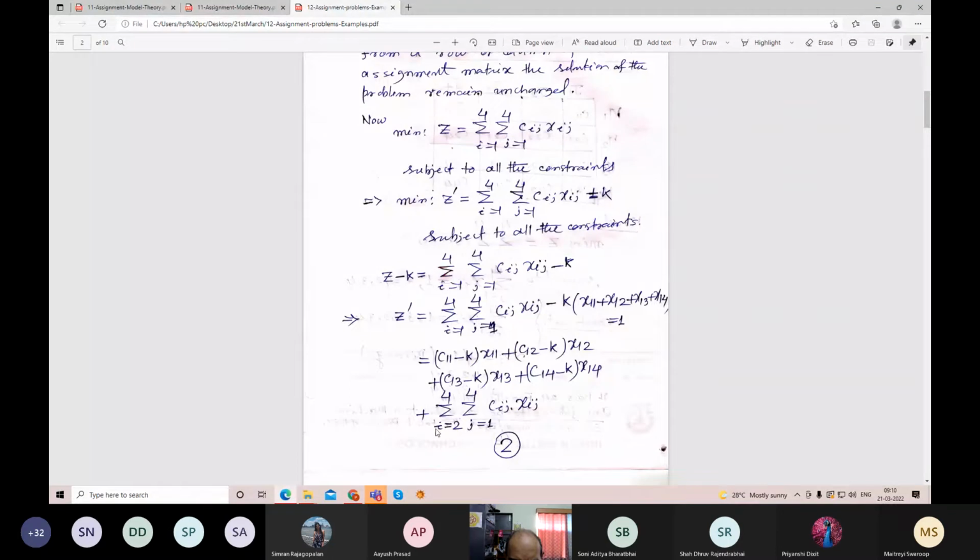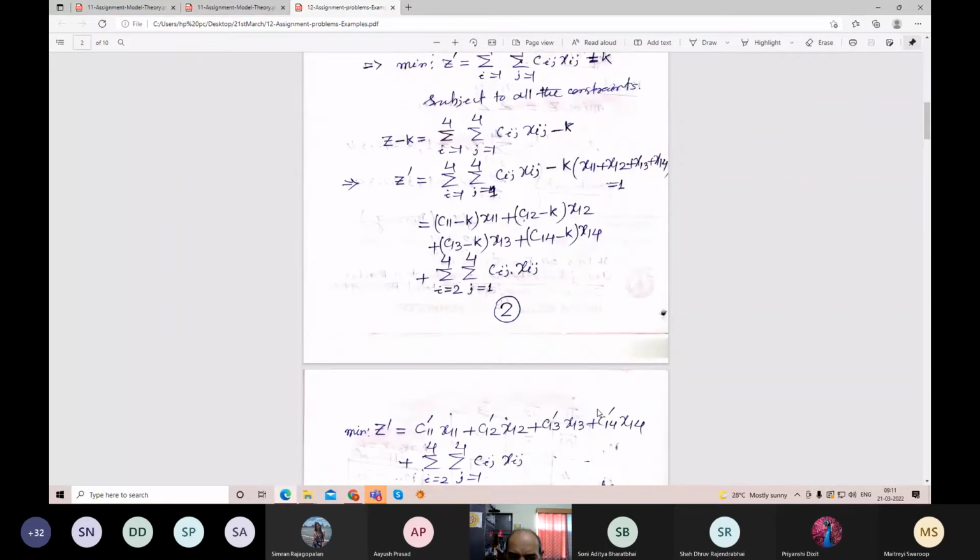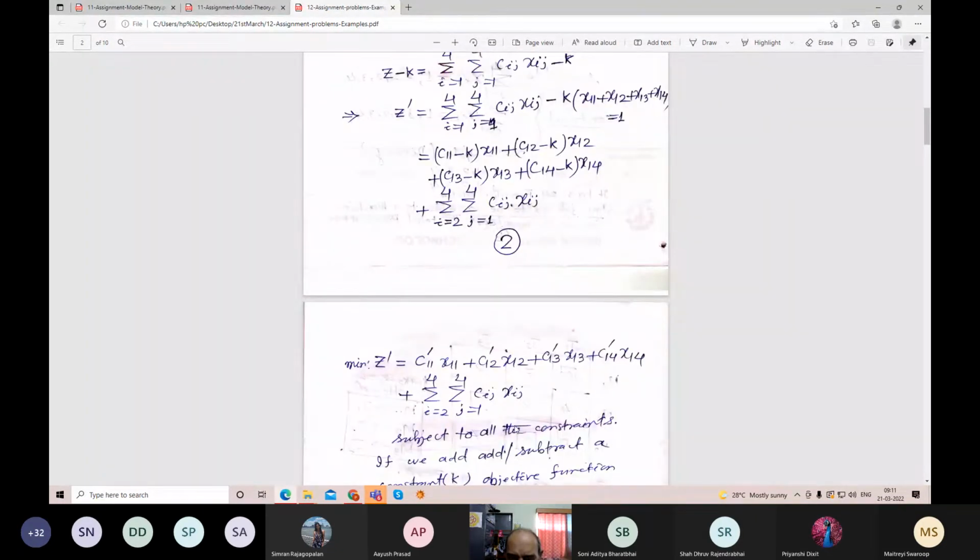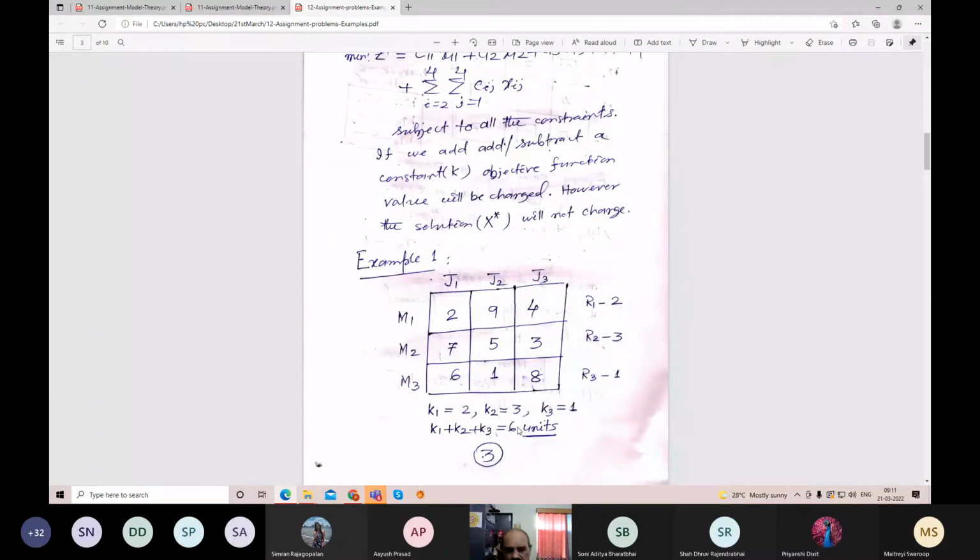That is, summation over i from 2 to 4, j from 1 to 4, Cij xij. Excluding the first row, the other rows and columns are considered, and the first row is presented in this manner. As a result, we find this is a new problem. The first problem and the second problem have the same optimum solution. However, the cost is different.